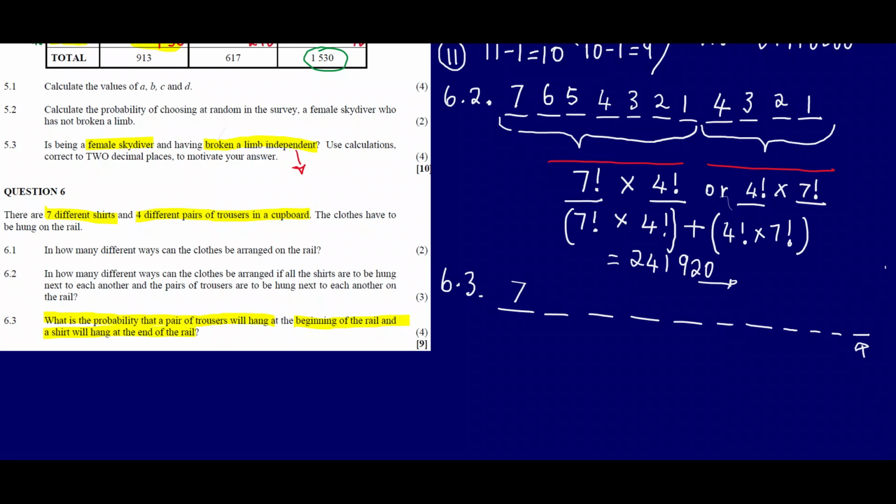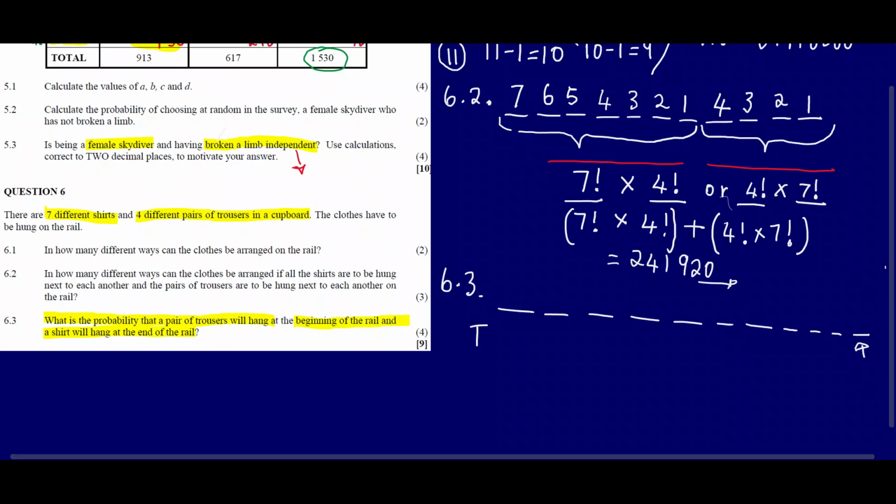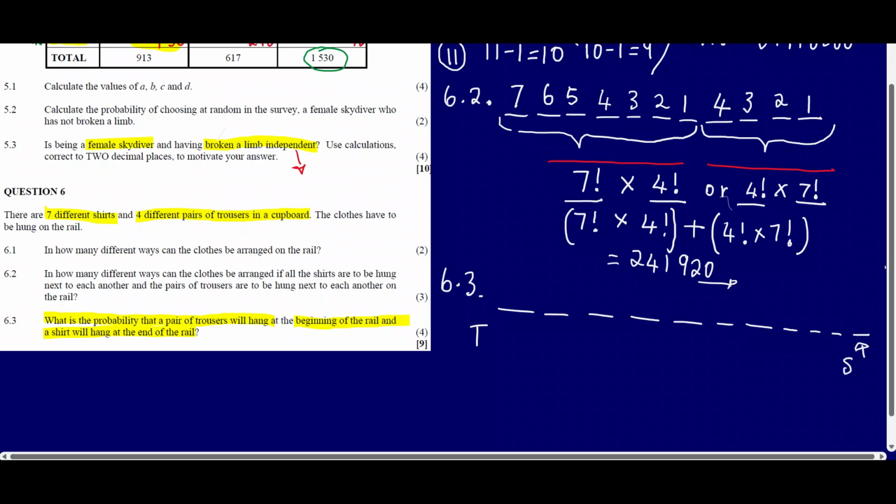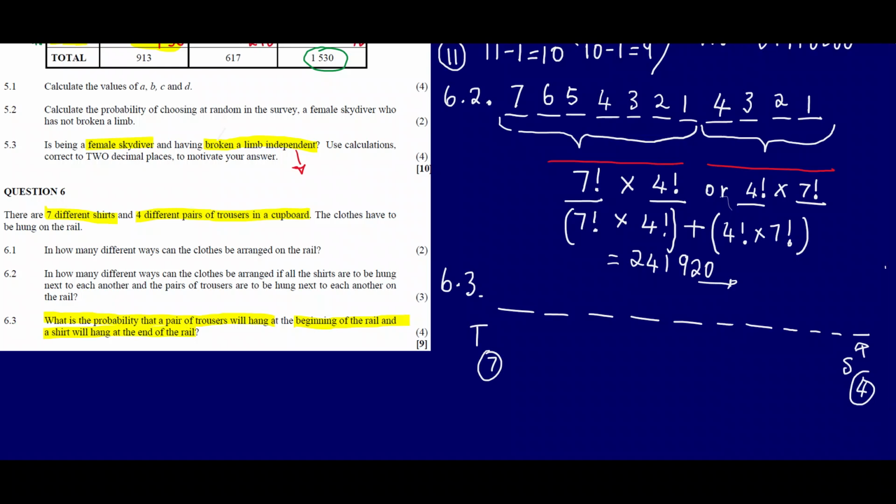So the trousers should be here, so it's going to be 4. So let me just rearrange this. So what is the probability that a pair of trousers, meaning that my trousers must be here and my shirts must be at the last, right? So it's 4 of those and it's 7 of those, right?